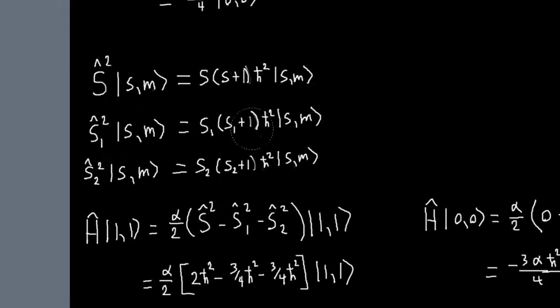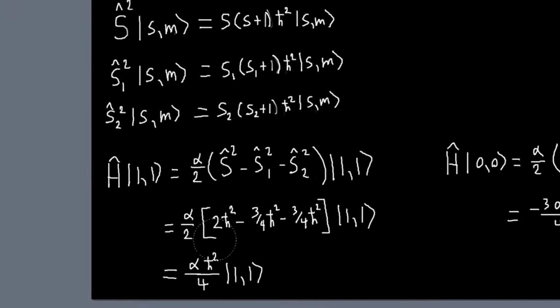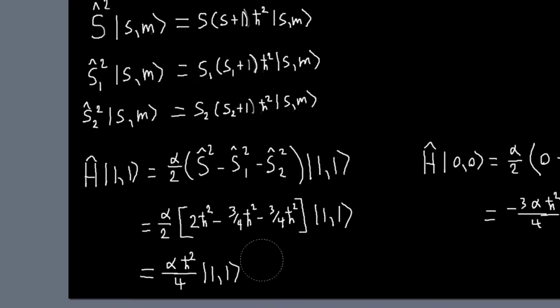And then my S1 squared and S2 squared operators act in the same kind of way. Rather than just getting h bar over 2 squared, I have 1/2 plus 1, which is 3/2, times 1/2, which is 3/4. So I get 3/4 h bar squared for each of these operators. And if you work that out, you get the same eigenvalue. So this is still consistent with what we found before.